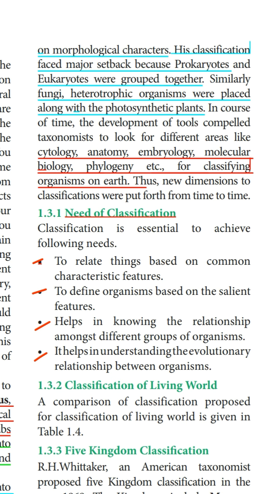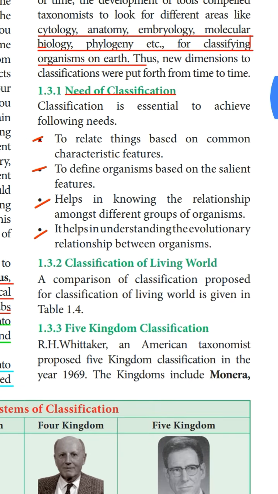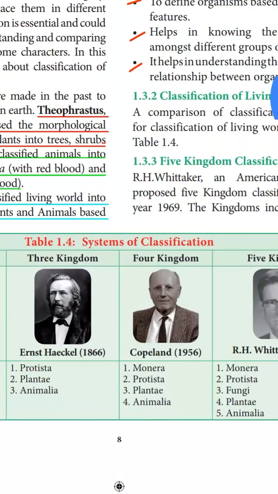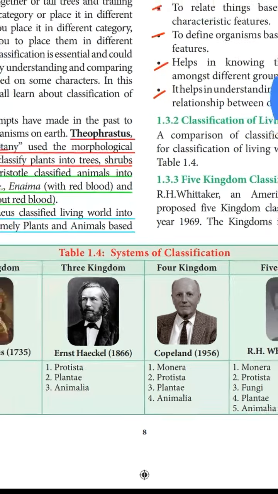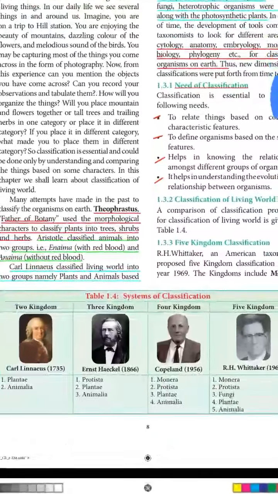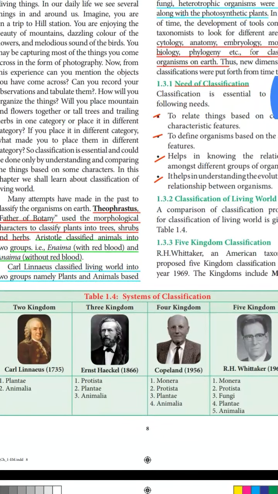Now, classification of the living world. A comparison of the classifications proposed for living organisms is given here. You can see different scientists have given different kingdom classifications. The first one we studied was Carl Linnaeus, who gave the two kingdom classification in the year 1735: kingdom Plantae and kingdom Animalia.